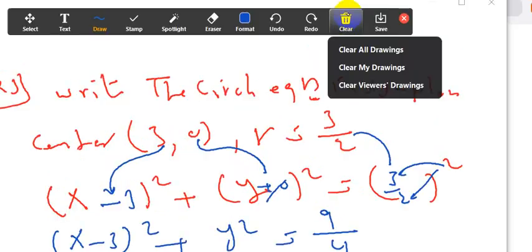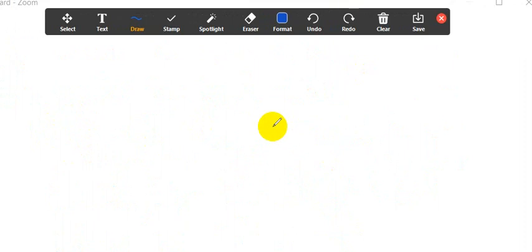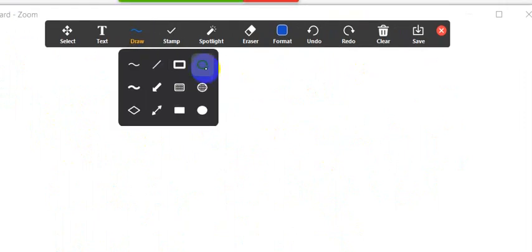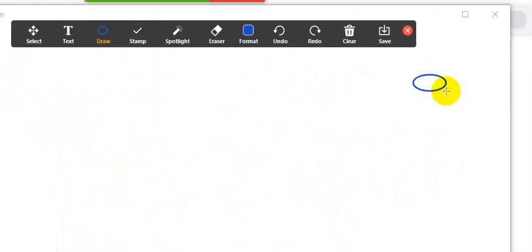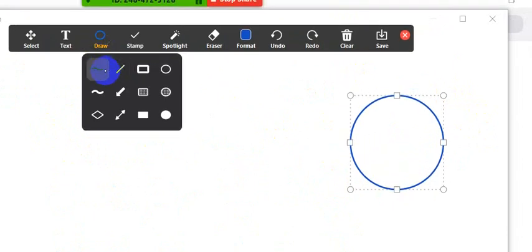The next one, say the circle is not given in this method. Say he gives us a graph of the circle, like this one.